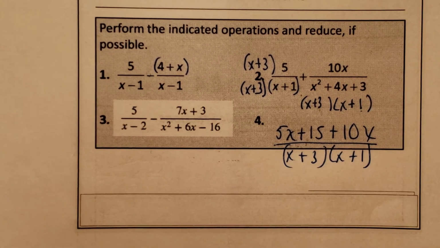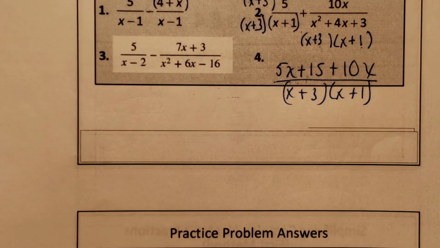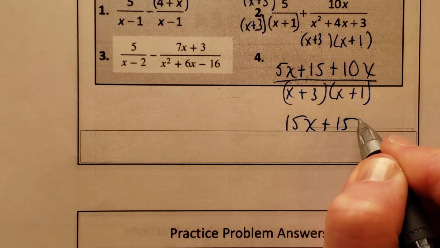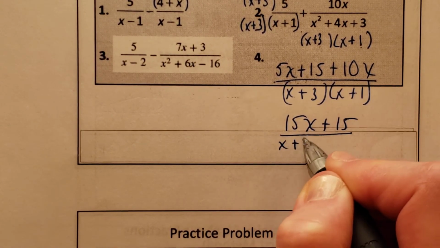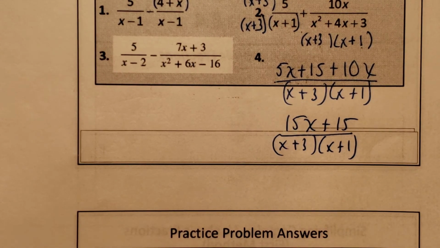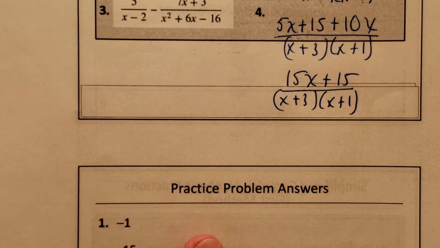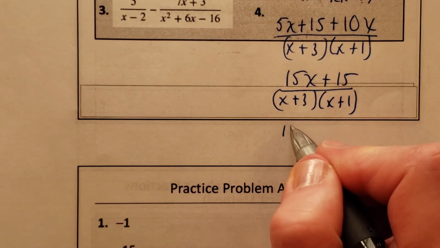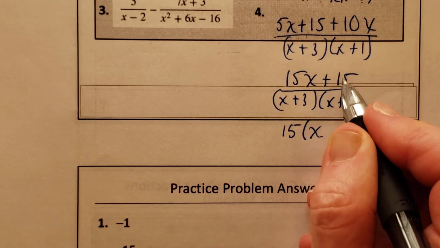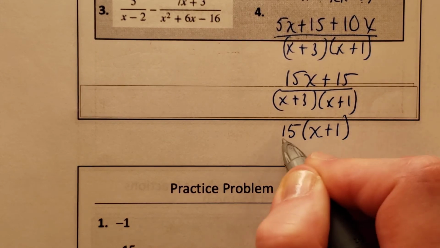Now we can combine like terms. 5x plus 10x is 15x. All right, and I bet you we can simplify that. What can we divide 15x and 15 by? Both by 15. 15x divided by 15 is x. 15 divided by 15 is positive 1.